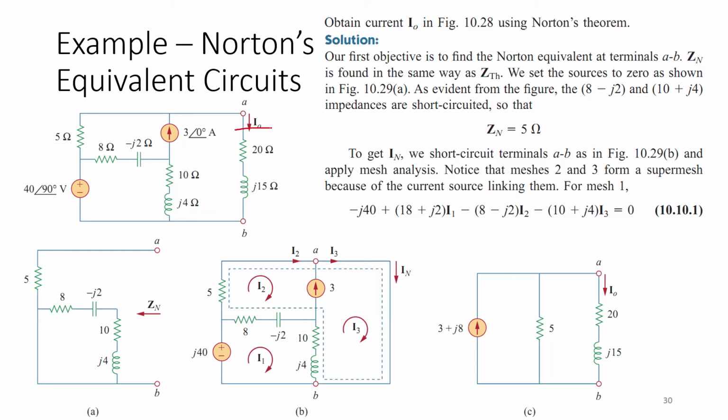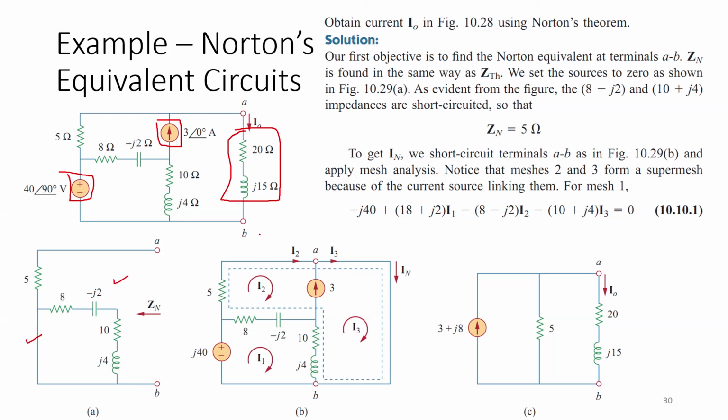These are the terminals at which we need to find the Thevenin equivalent impedance and Thevenin equivalent voltage. One by one, by setting the sources equal to 0, we set this open circuit and we set this short circuit like here and here.